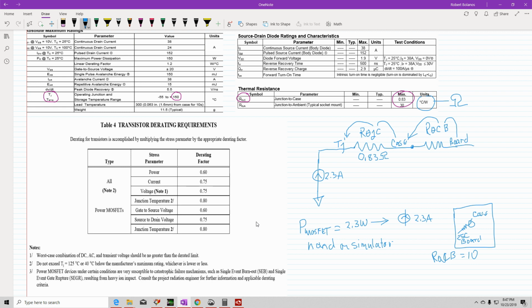Okay, here is the output voltage. It goes up to 12, and then here we look at the temperature. Here is the voltage. So VTB is 25 volts, right here. But then we take a look at the junction temperature.